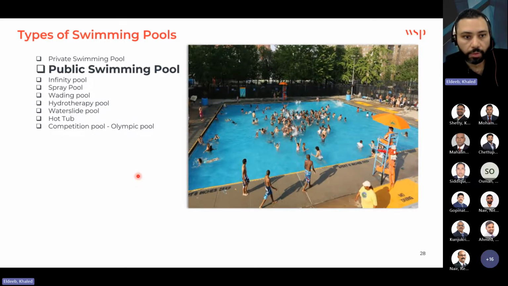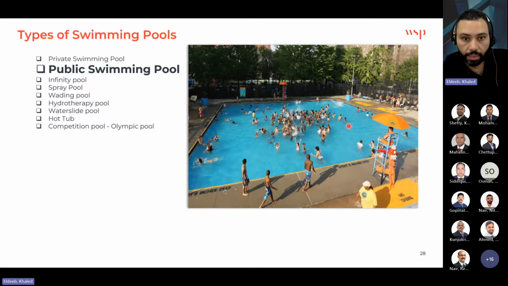Public swimming pool. The public swimming pool means any swimming pool available to the general public. Those people don't know each other, which means more precautions to be considered in design in terms of the number of turnovers, overflow volume, because we have an unexpected number of swimmers, residual chlorine, and so on.